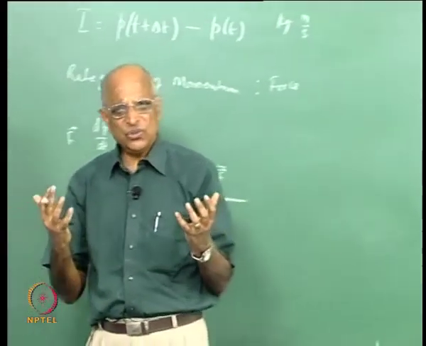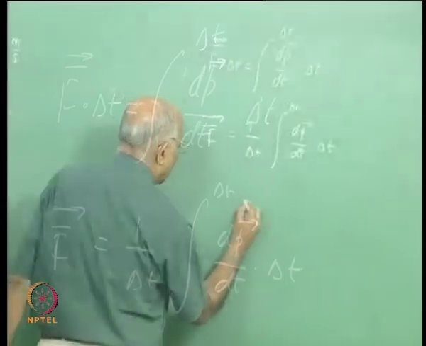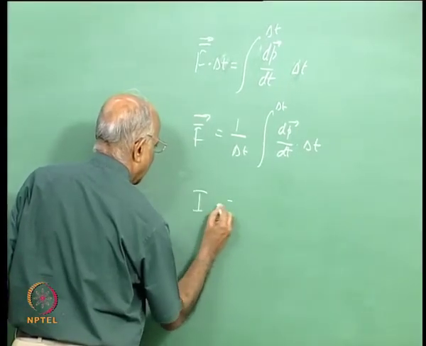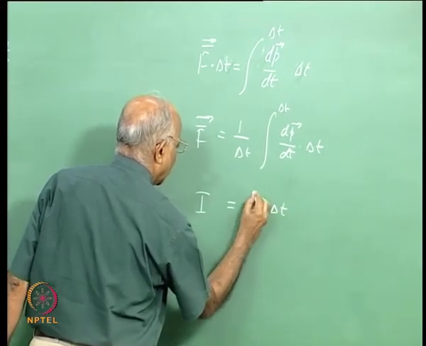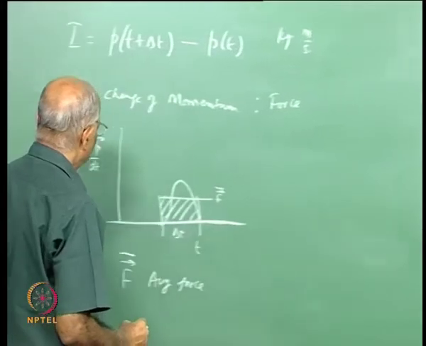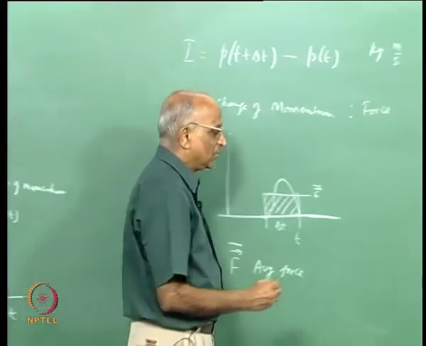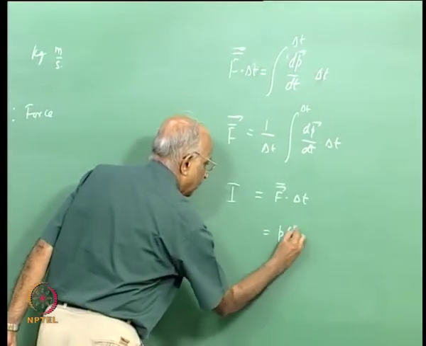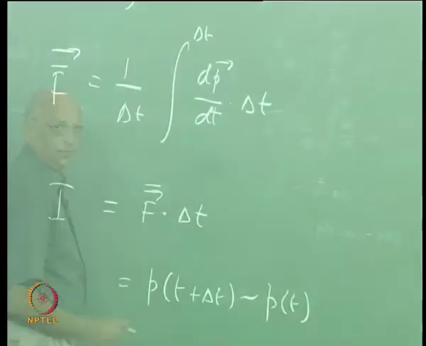Therefore, you really see force is not that good a unit, and if I have to write it in terms of impulse, how should I write it? Impulse I is equal to force into delta t, the average value into delta t. This into delta t is the change of momentum, and therefore the impulse is equal to p(t plus delta t) minus p(t).